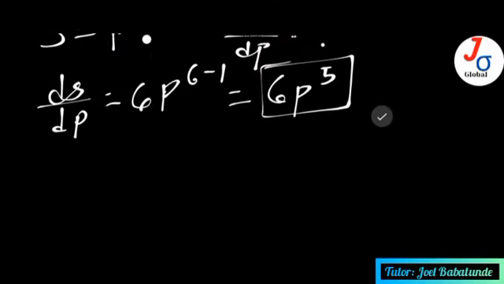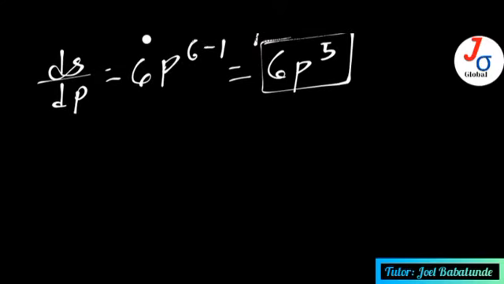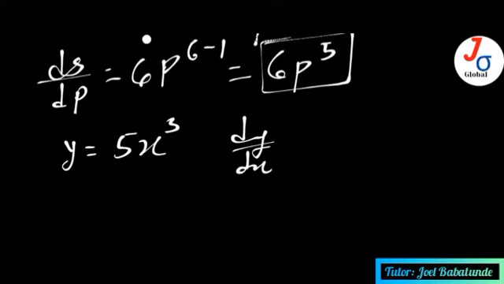So let's take another example. Let's say y equals 5x to the power of 3, then dy/dx has to be 5, then in brackets, you have x to the power of 3. How do you differentiate this?